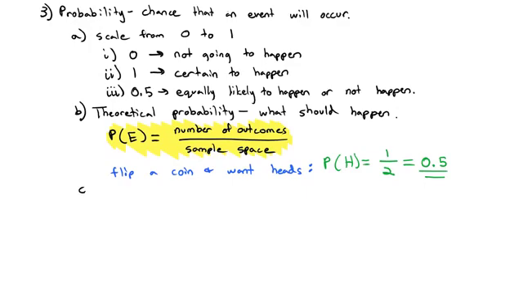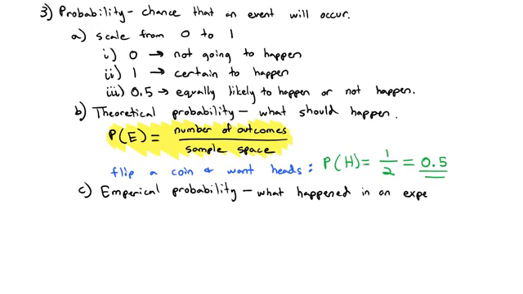The other type of probability is called empirical probability. And that is the chance of something happening based on our observations of some experiment. What happened in an experiment?